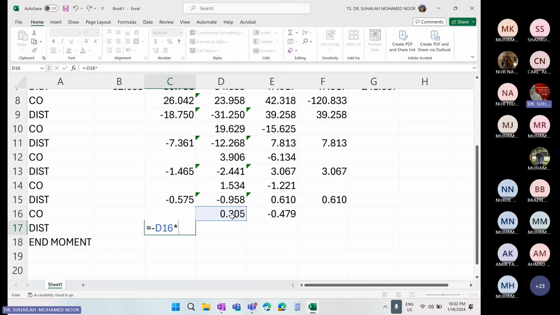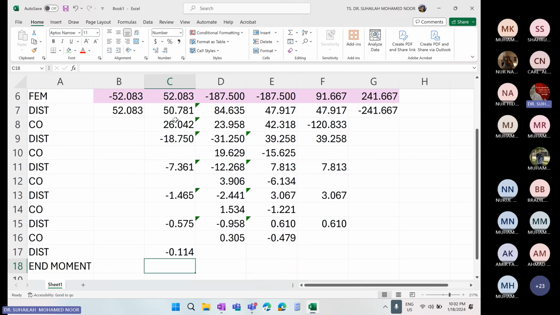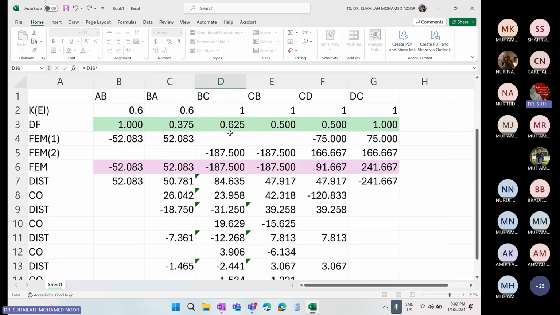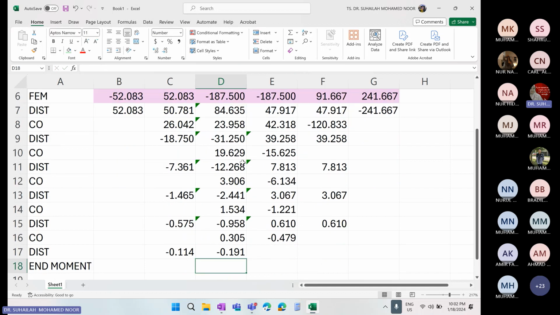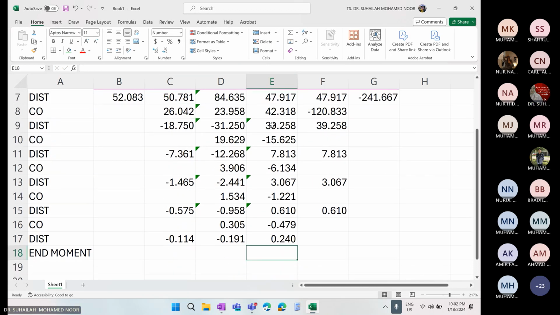This one times with 0.375. Negative, this is joint moment times 0.67625. Then this one, this is joint moment times 0.5.